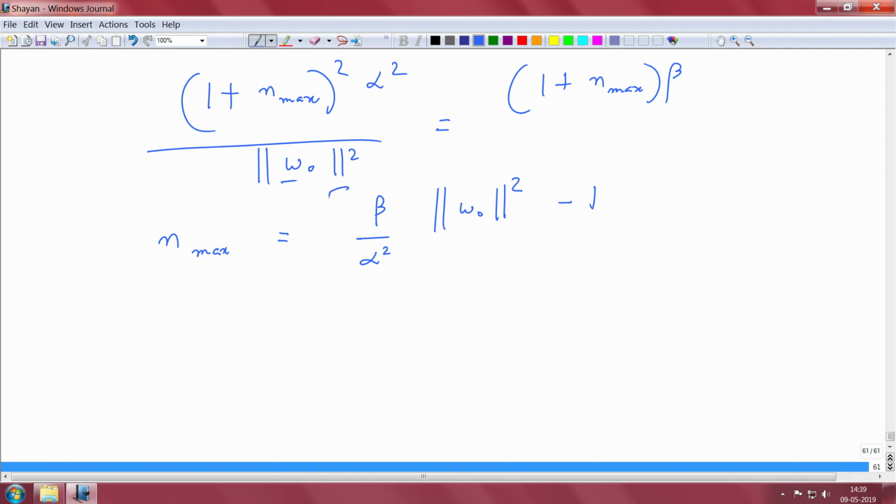So, therefore, you can seal this function up to get the nearest integer, and then this quantity n max is going to be an integer.